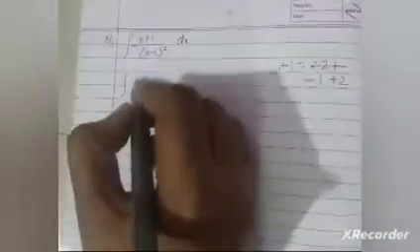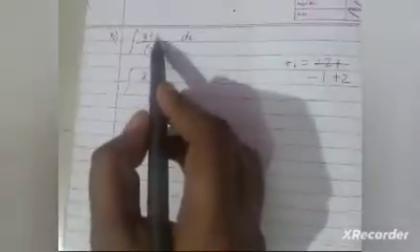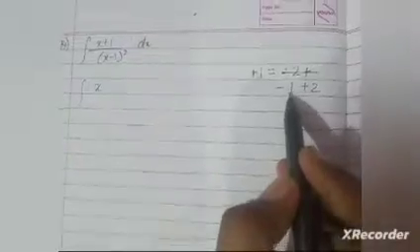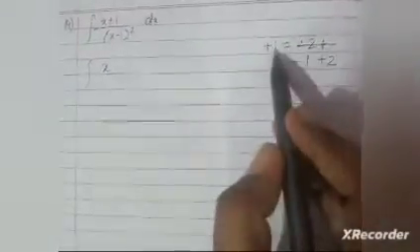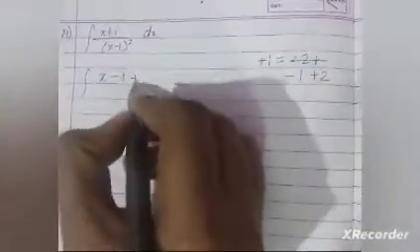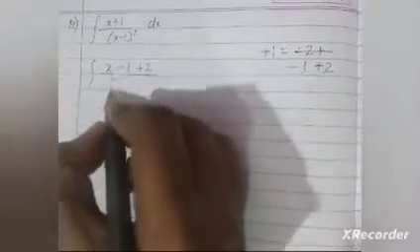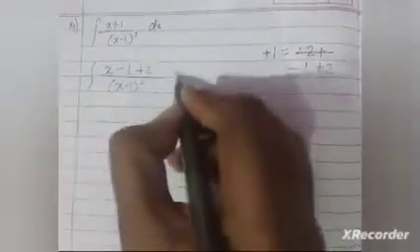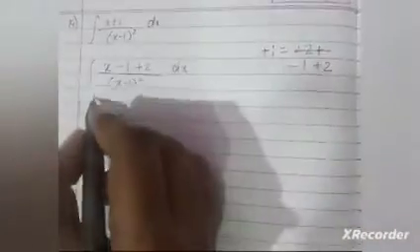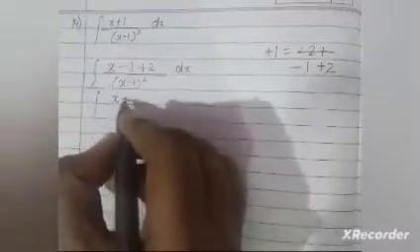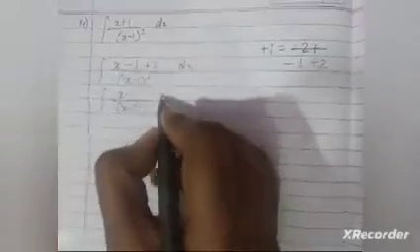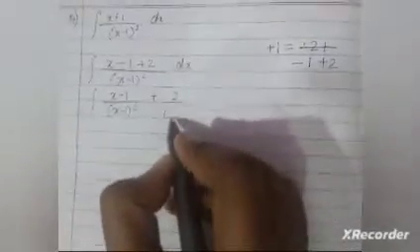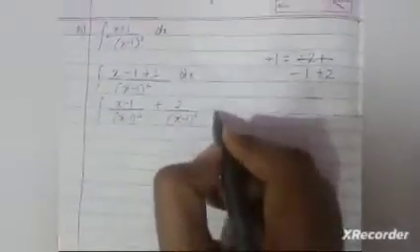So integration x, now in place of 1 we are going to write minus 1 plus 2, because if we solve this we get ultimately 1. So minus 1 plus 2 upon x minus 1 whole square dx. Now we will write x minus 1 upon x minus 1 whole square plus 2 upon x minus 1 whole square dx.